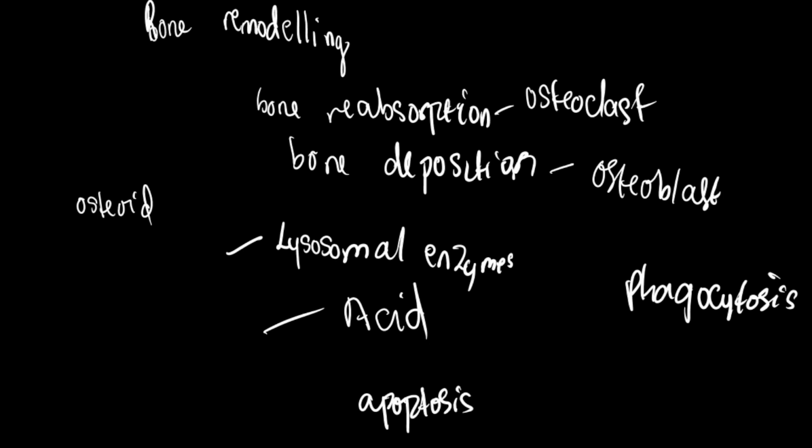It's important for us to take note of the fact that remodeling is a continuous process, and it's controlled by two factors, and that is in maintaining calcium ion homeostasis as well as in keeping the bone strong. It's also very important for us to take note of an important law which is called Wolff's law.